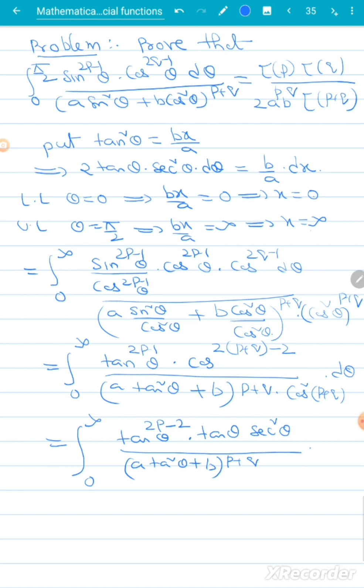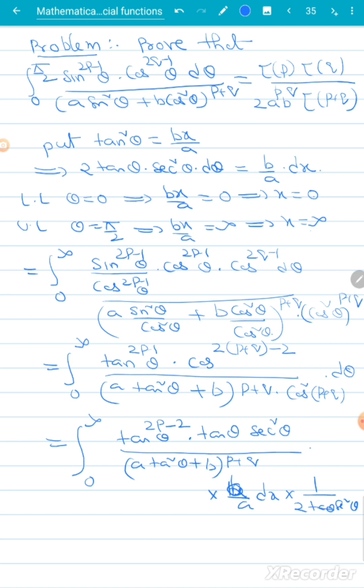The value of d theta is b by a into dx into 1 by 2 tan theta secant square theta.